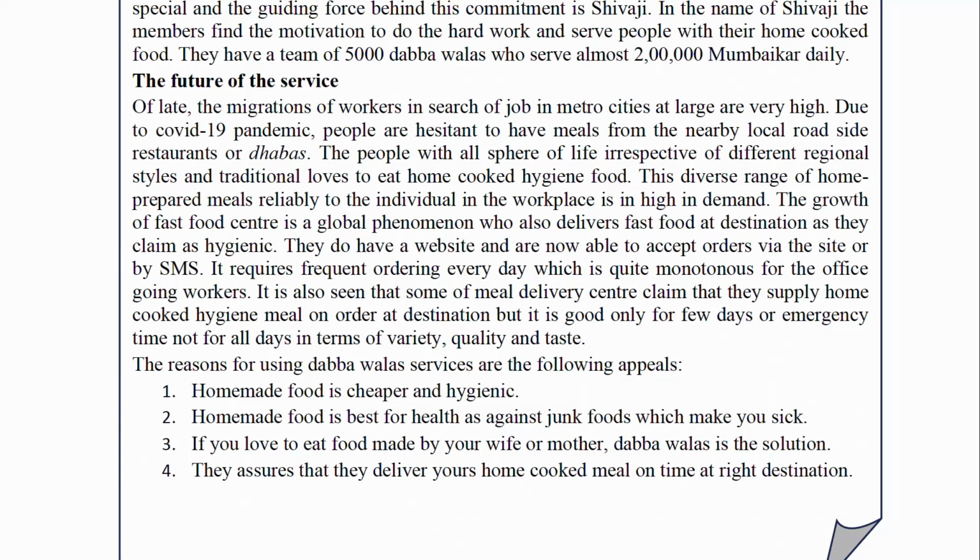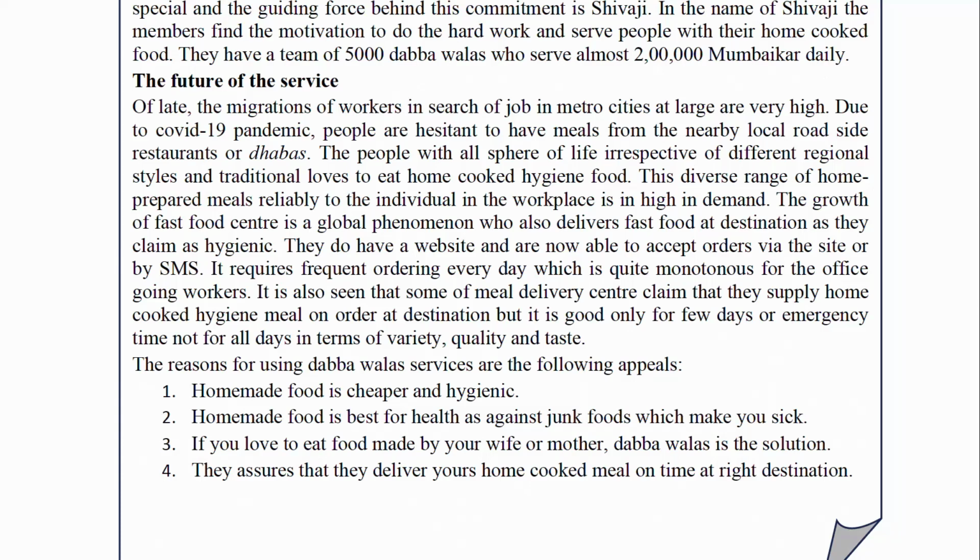It is also seen that some meal delivery centers claim that they supply home cooked hygienic meals on order at the destination, but it is good only for a few days or emergency times, not for all days in terms of variety, quality and taste.